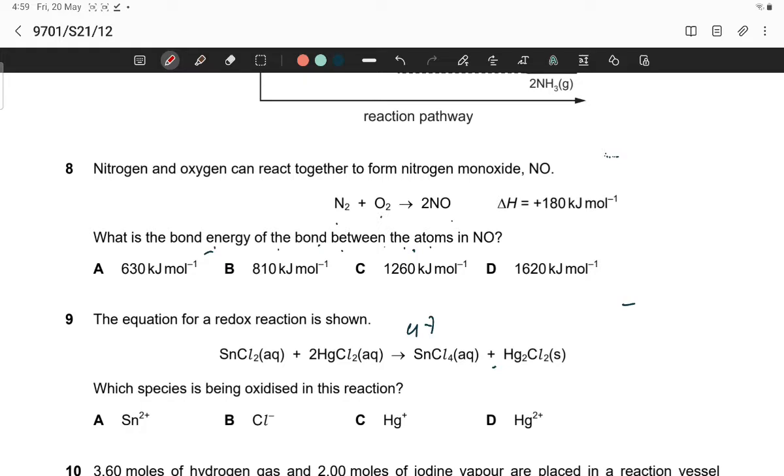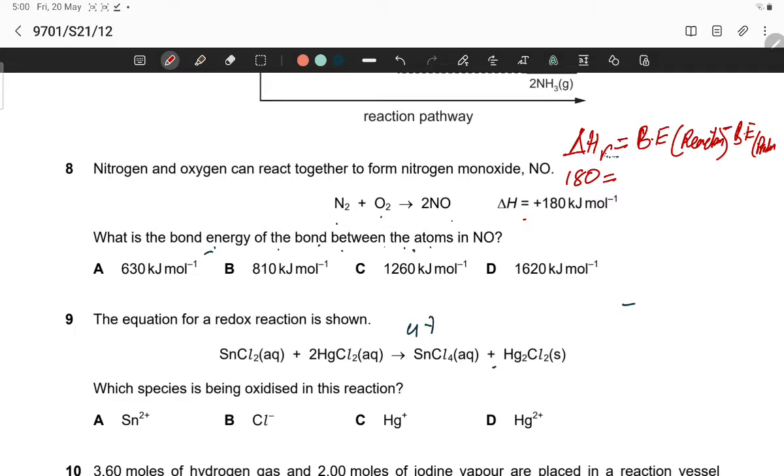So we know that delta H is equal to bond energy of reactants minus bond energy of product. Delta H is 180.